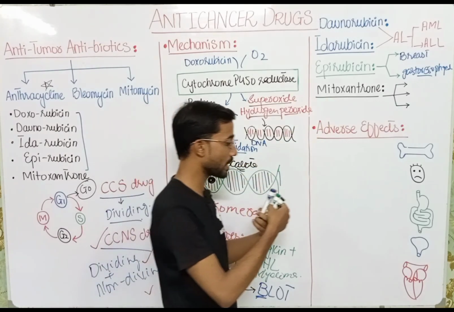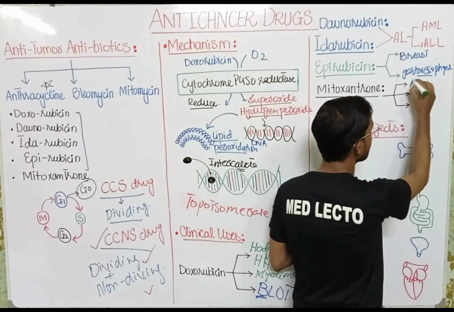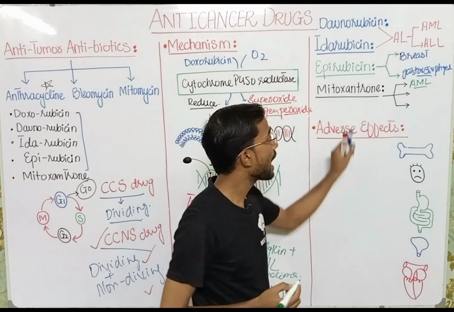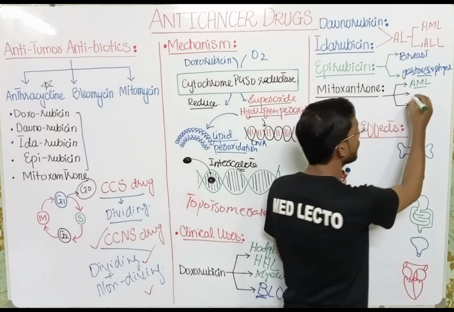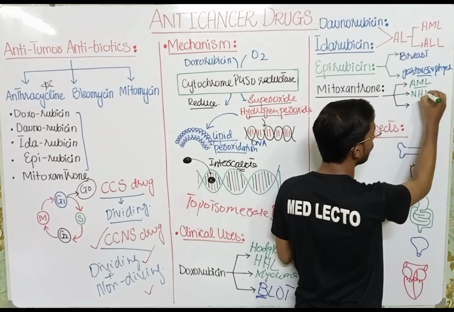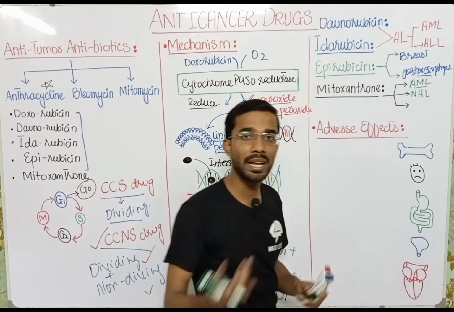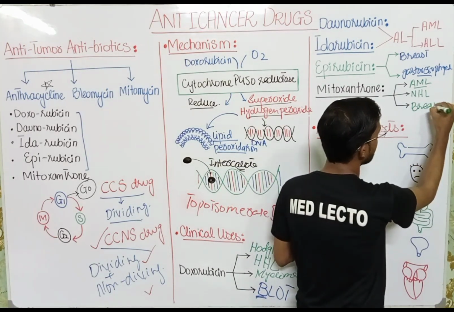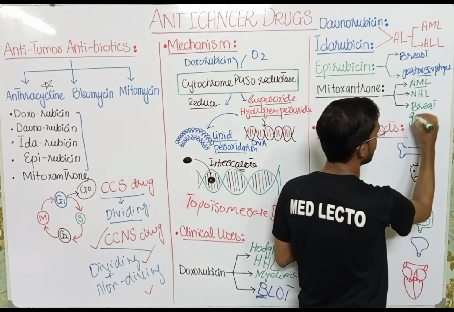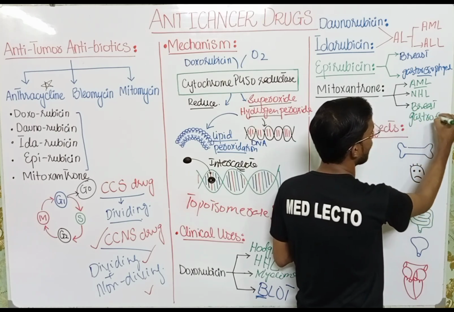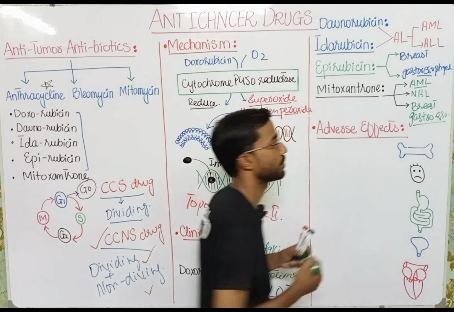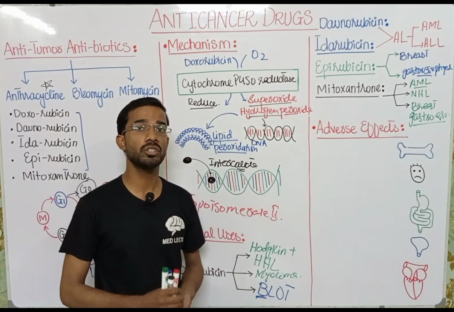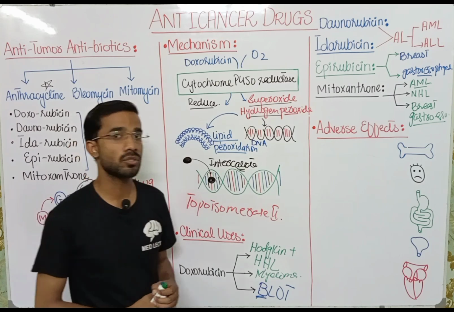Mitoxantrone is actually used in AML, specifically acute myelogenous leukemia, and these drugs can also be used in non-Hodgkin lymphoma, and both breast and gastroesophageal cancer. So these are basically the three most important: AML, non-Hodgkin, and breast and gastroesophageal.